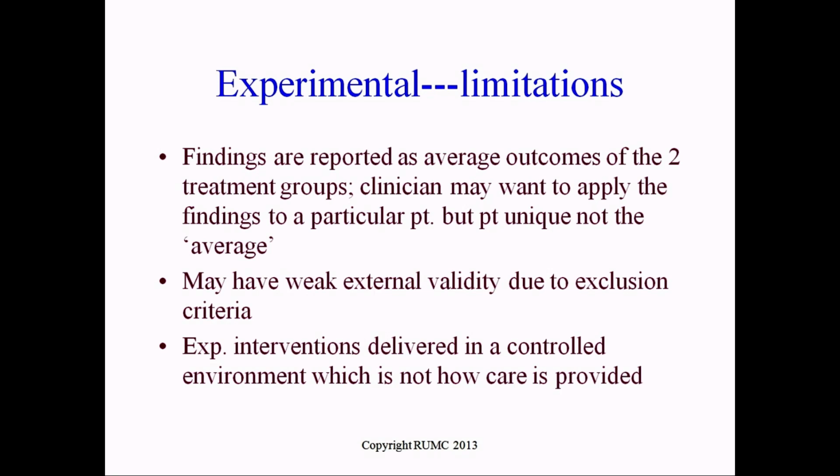So findings are reported as average outcomes of the two treatment groups, but what if your particular patient population is not part of that average? Again, there may be a weak external validity due to that specific inclusion and exclusion criteria.